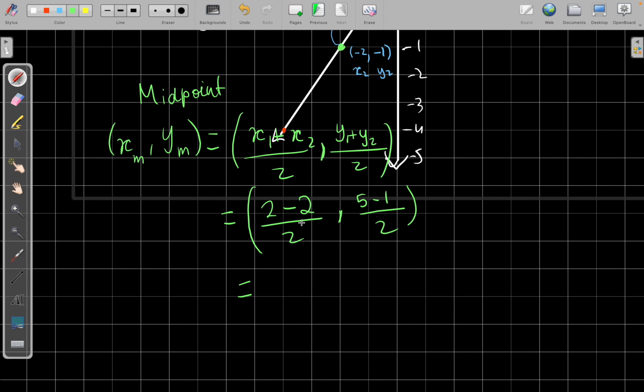Which gives us 0 by 2, comma, 5 minus 1 is 4 by 2, which is 0, comma, 2.